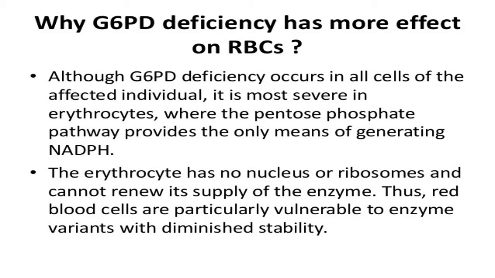Now, why does G6PD deficiency have more effect on RBCs? Although G6PD deficiency occurs in all the cells of the affected individual, it is most severe in erythrocytes, where the pentose phosphate pathway, that is the HMP pathway, provides the only means of generating NADPH. The erythrocyte has no nucleus or ribosome and cannot renew its supply of enzymes. Thus, red blood cells are particularly vulnerable to enzyme variants with diminished activity.